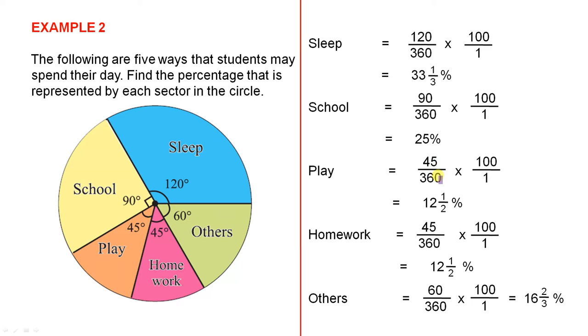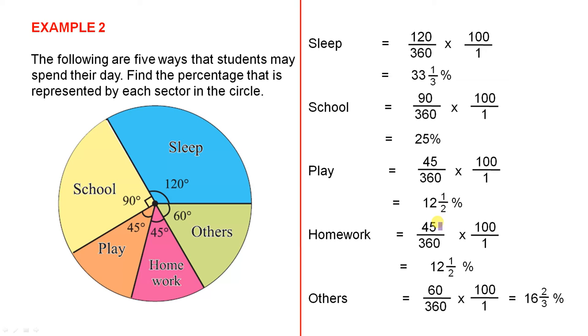So 45 degrees over 360 times 100 over 1 is 12.5%. But that makes sense because if 90 degrees represents 25%, then 45 degrees will represent 12.5%.